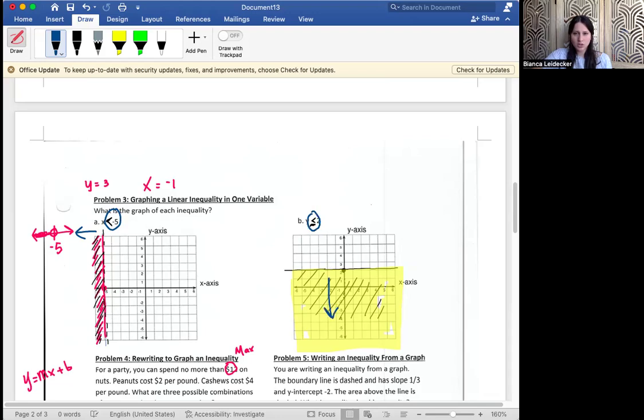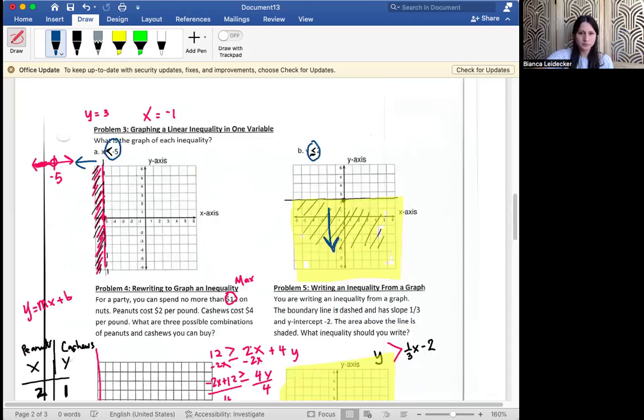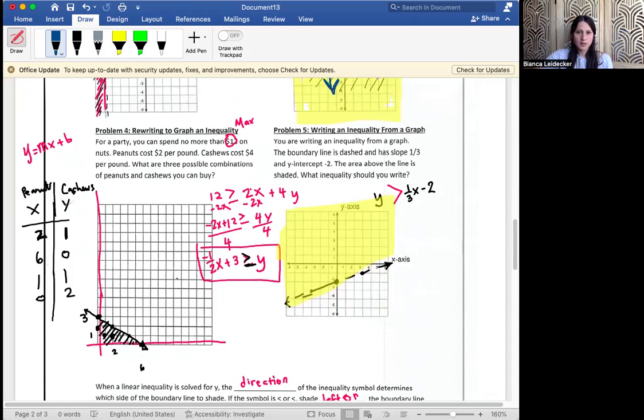I'm shading below. This is a, let's say, we need to flip this around. Y would be over here. Y is less than or equal to negative 1/2 x plus 3. It's less than, I'm shading below. In this case, y is greater than, I'm shading above.